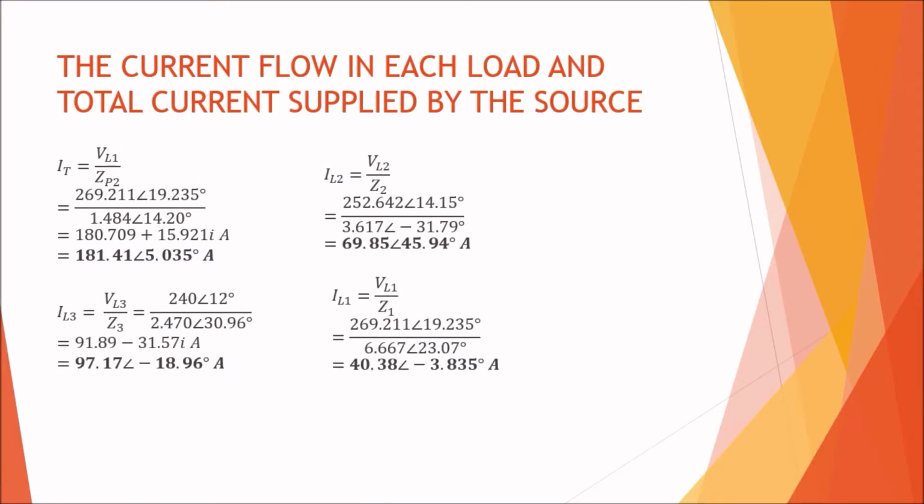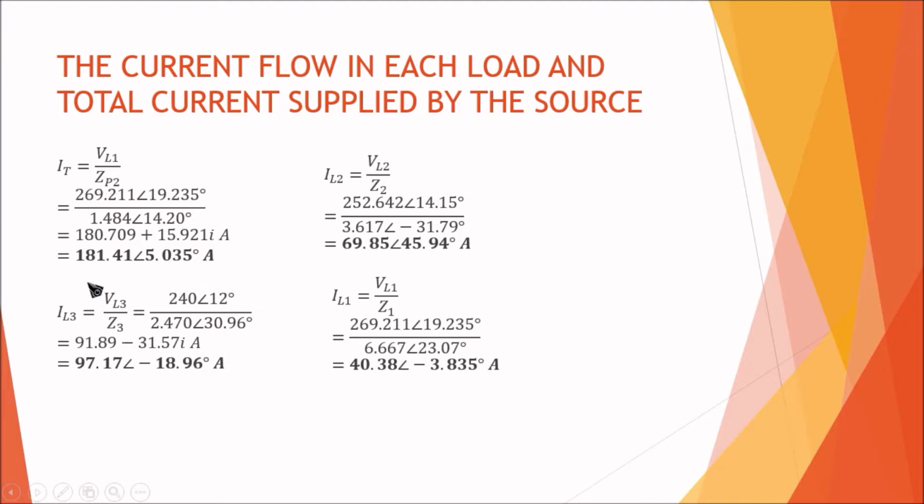Okay, the next question is the current flow in each load and total current supplied by the source. First, we calculate the current total, which is using the voltage at line 1 divided by the total impedance. This we get the 181.41 angle 5.035 degree ampere.